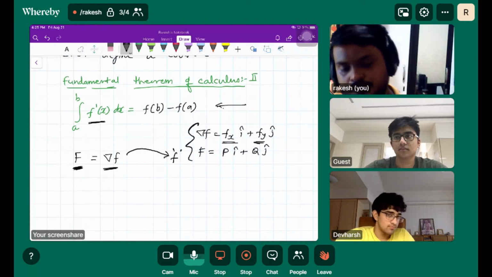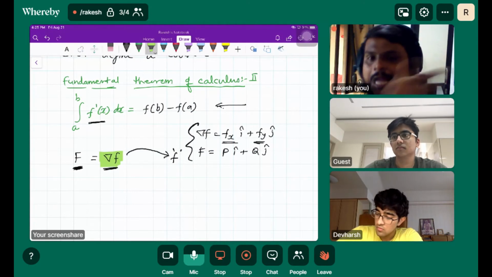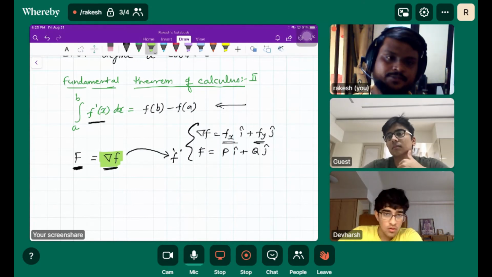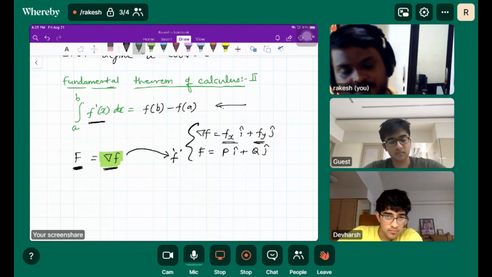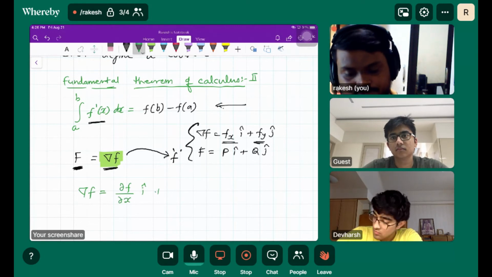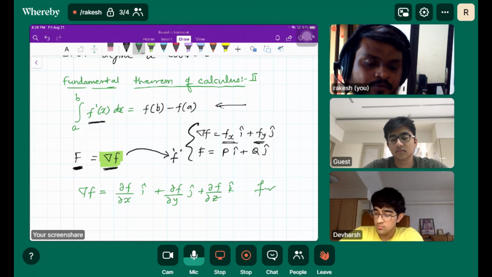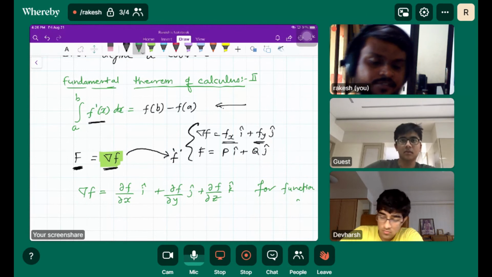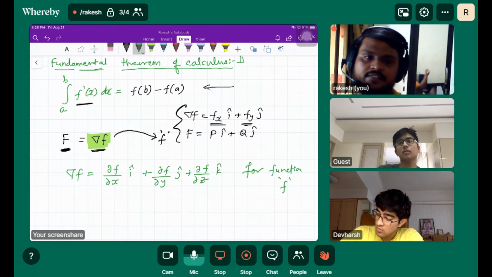So if we have F equal to del f, what is this? That is a certain type of derivative of f, right? Del f is some type of derivative of f. For a function f, that is the gradient function. So the gradient is a derivative of f.